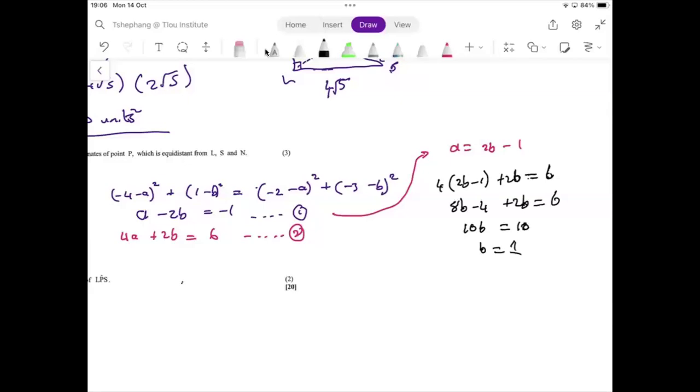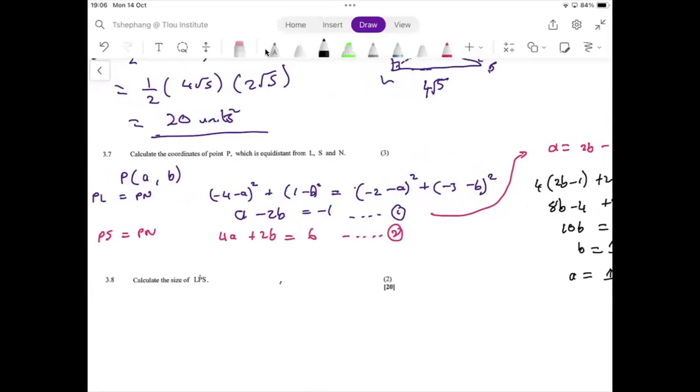And then to find A, we're just going to say A is also 1. Now we have our A and B, which we said are our coordinates of P, meaning that we have 1 and 1 for the coordinates of P.